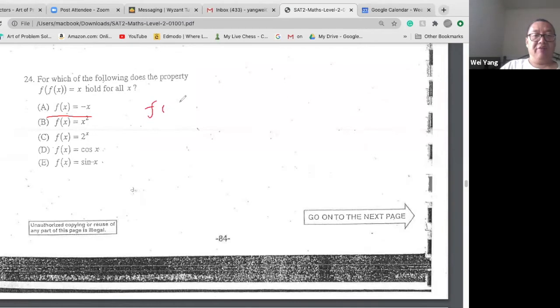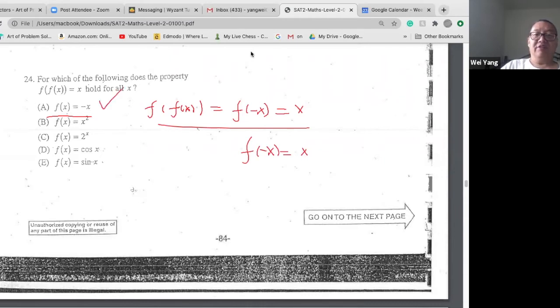So f(x) will equal f(negative x), and then they will equal x, because f(x) equals negative x will equal x. Yes, you're right. A is correct.